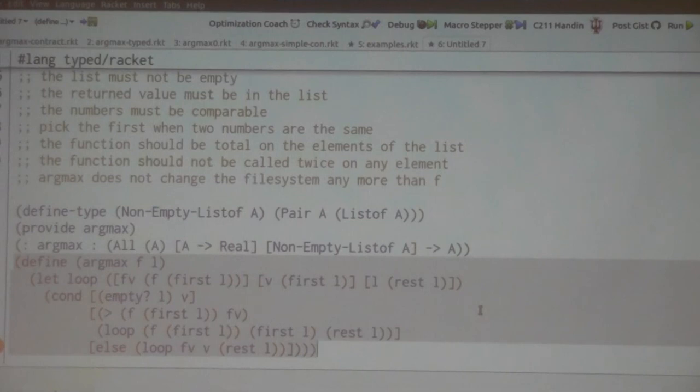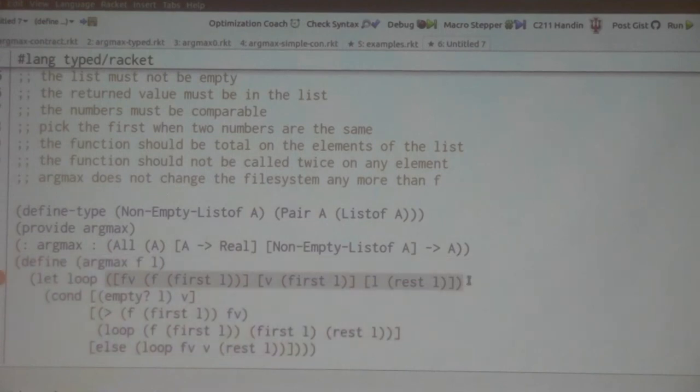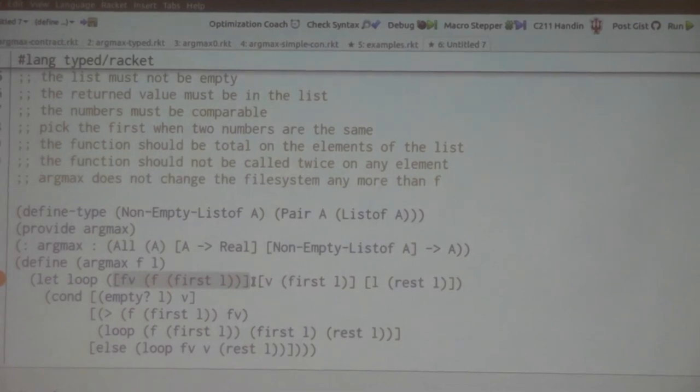And when we get to the end of the list, we're going to return whatever element produced the biggest value, and that's Argmax, as long as we've maintained the invariant that we've always got our hands on the biggest value and the biggest output. So we're going to start off with FV being the biggest output that we've seen so far, which is, of course, just whichever the first output we see is, that is F of the first element of L. Now, what value produced that supremely large value?